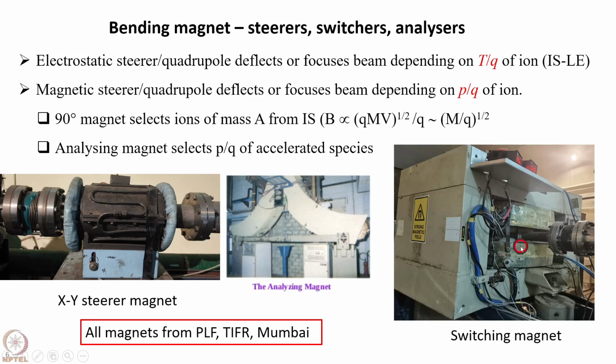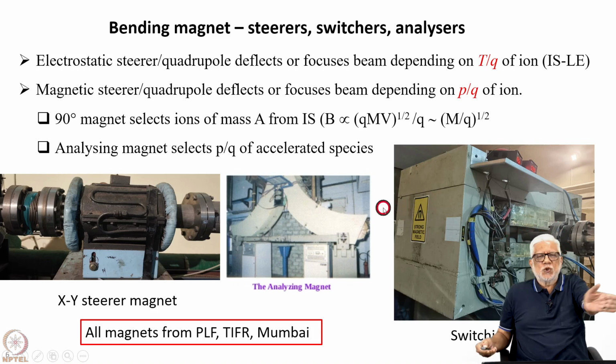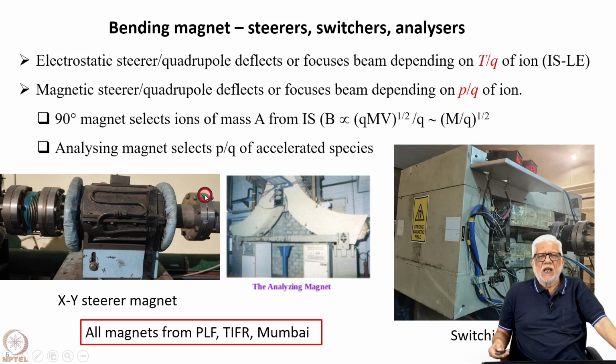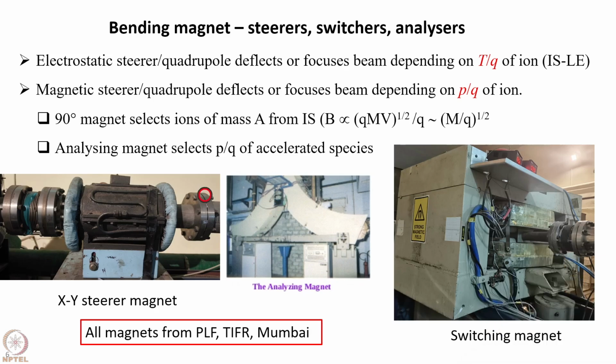So the beam comes in here, and then this switcher can actually switch the beam to -30, -15, 0 degree. 0 degree of course means no current in the switching magnet, +15, +30 degrees and so on. So you can have beam lines, and this switching magnet can switch the beam from one beam line to the other.